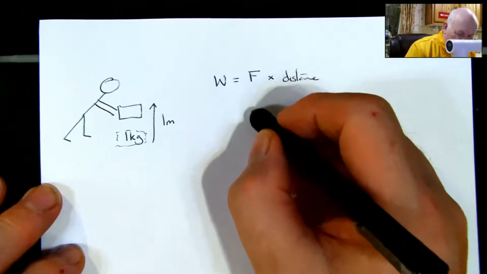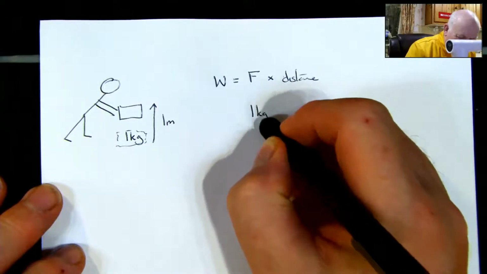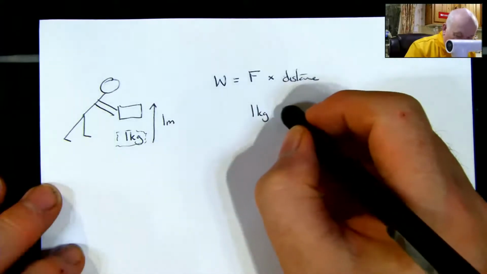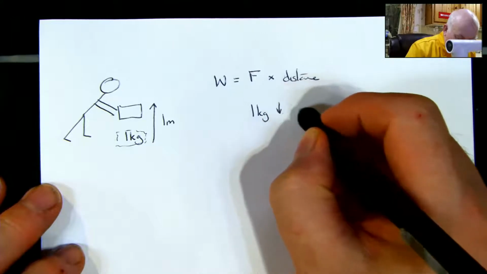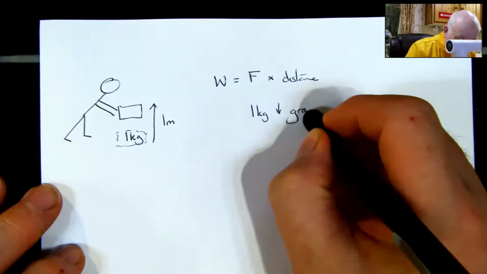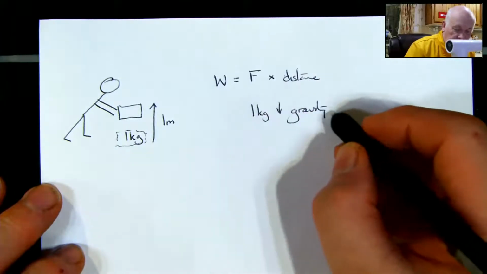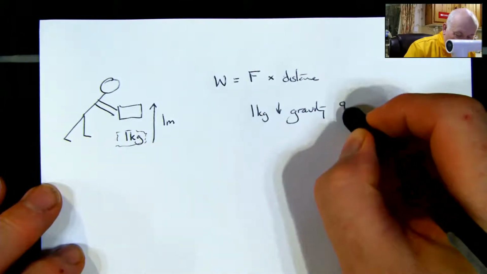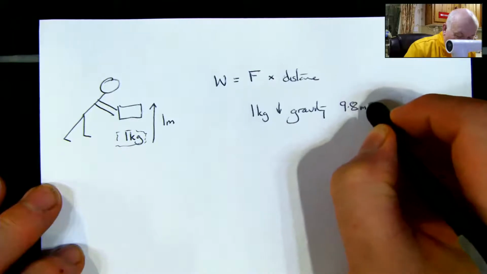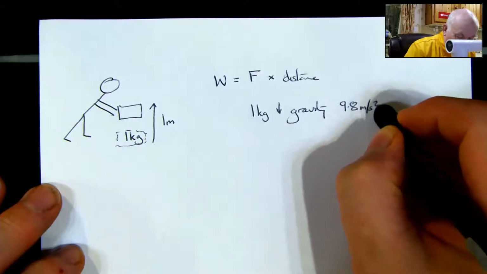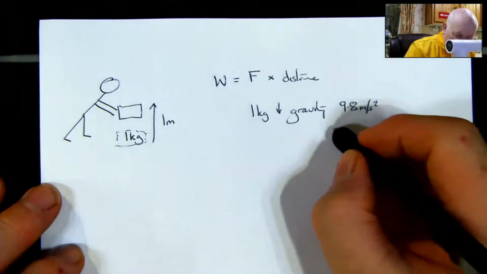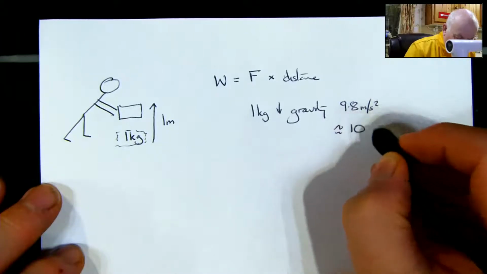If I've got 1 kilogram, this is going to have a force going down on it of gravity, and that gravitational force is going to be that of 9.8 meters per second. We're going to simplify that to make my maths easier.